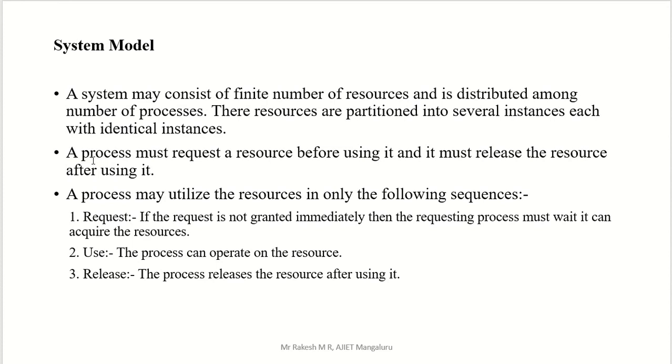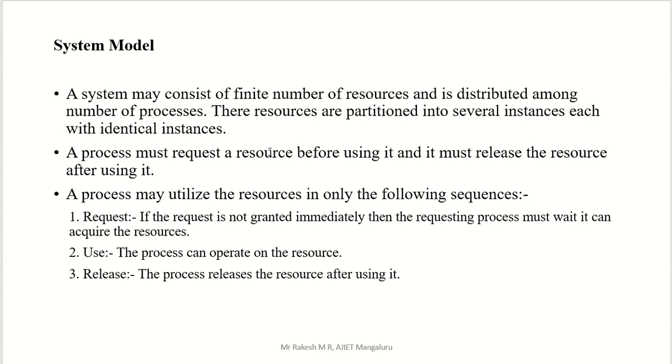A process must request a resource before using it. Before using, the process must request, and once it is used, it should release. That is the second point: it must release the resource after using it. Once that resource is obtained, then execution will occur.